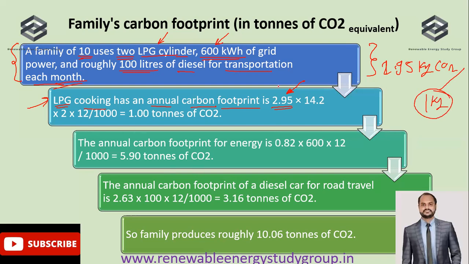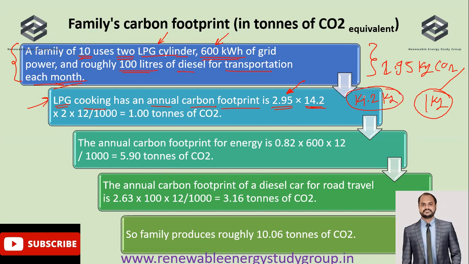This particular factor has been calculated by formulas and will be considered directly in the calculation here. Generally for LPG, we'll consider it as 2.95 kg of CO2 emission per kg burned of LPG. Multiply by 14.2, because the housing LPG cylinder which is available is measured in terms of kg, and generally it contains 14.2 kg of LPG gas in one cylinder.